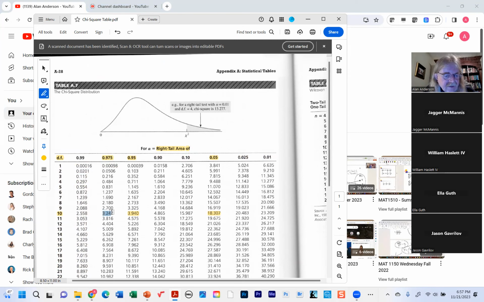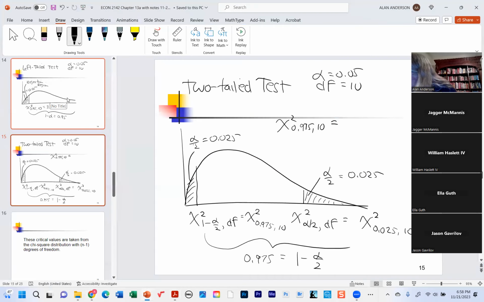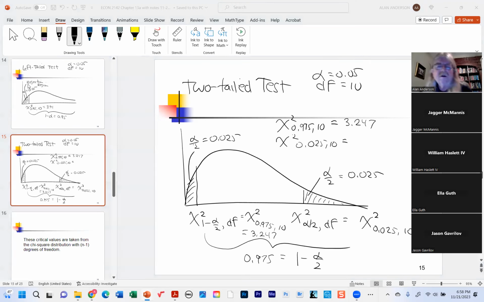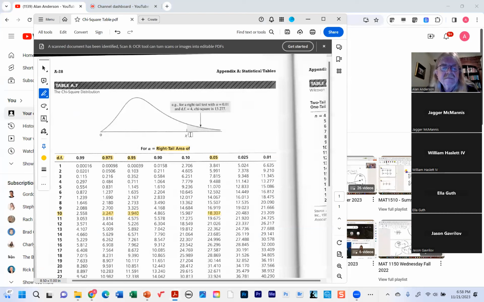Along with 10 degrees of freedom, that's 3.247. Now the right critical value: go here.